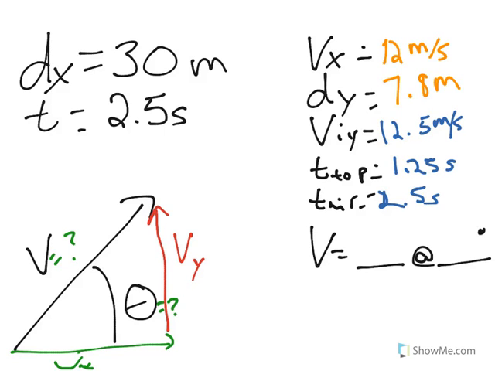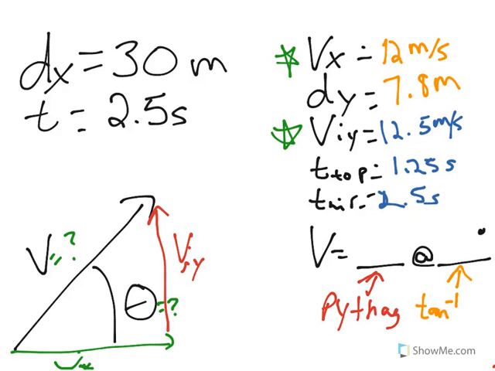And what we're going to do is use our information here and here to solve for this. You should see that this is a very nice right triangle. So we should be able to use the Pythagorean theorem to find this part, and then we're going to use the inverse tangent formula that I gave you to find this part.